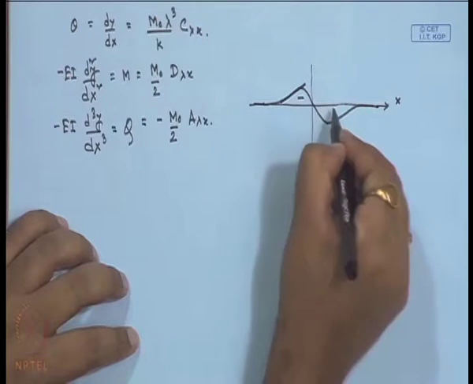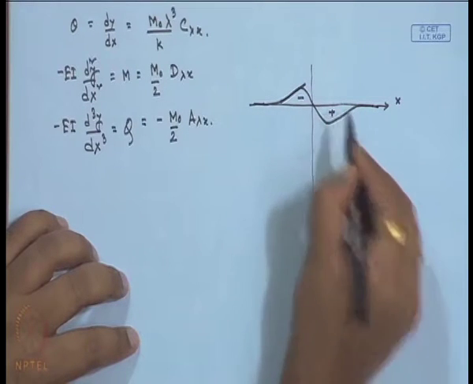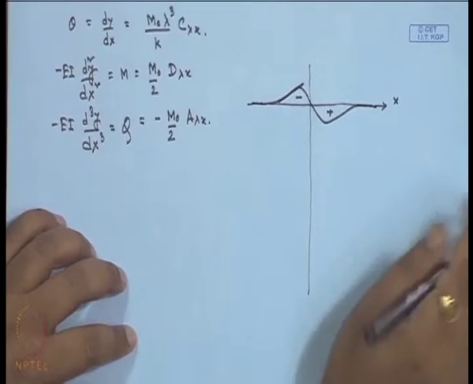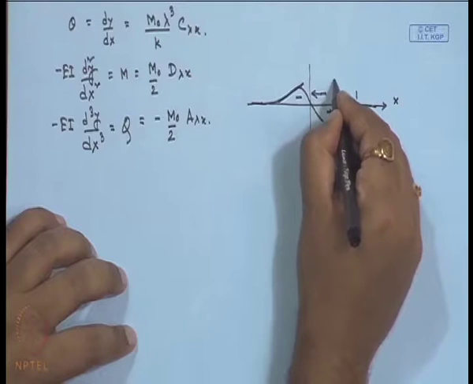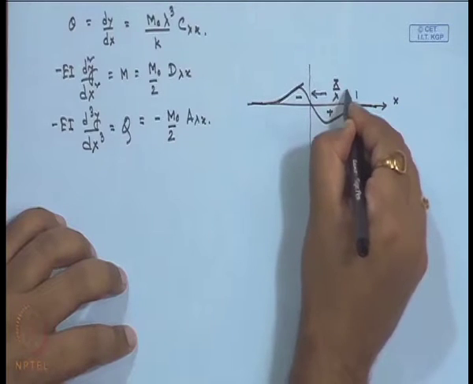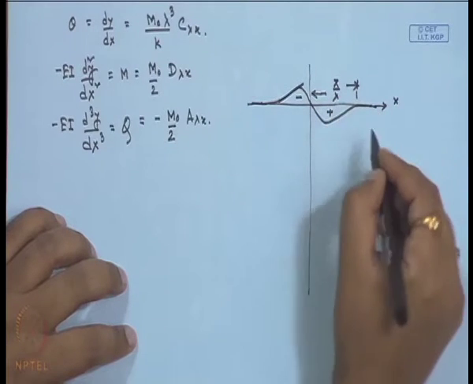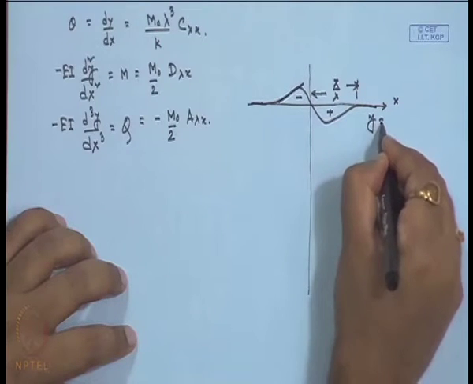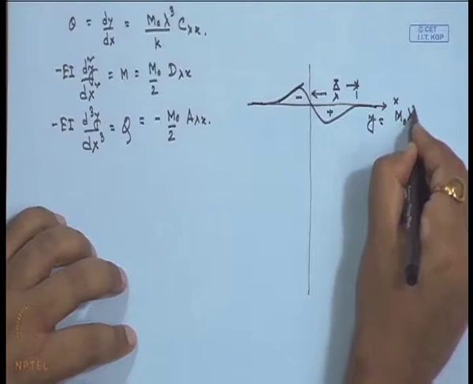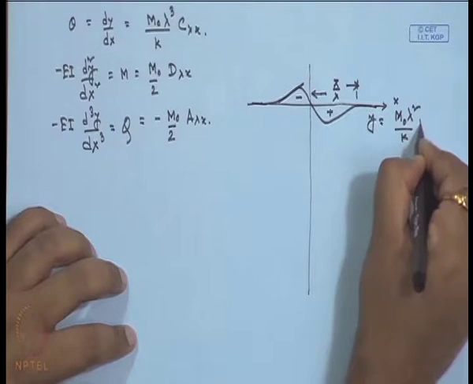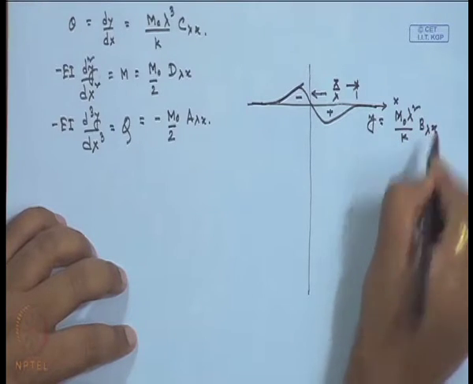So, this will be minus deflection positive downward. And this value will be pi by lambda, and this expression y is equal to m 0 lambda square divided by k b lambda x.